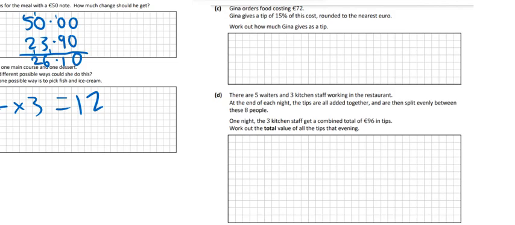So for part C then, Gina orders food costing €72. She gives a tip of 15% of this cost rounded to the nearest euro. Work out how much she gives as a tip. So what we need to do is find 15% of 72.